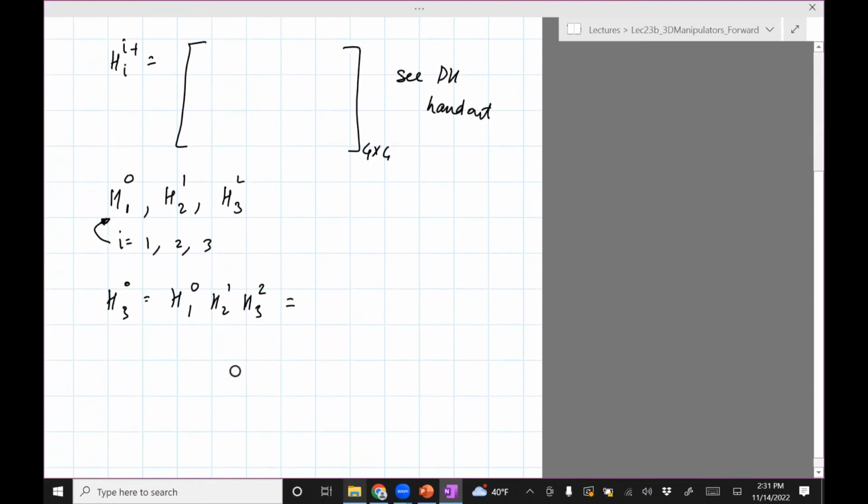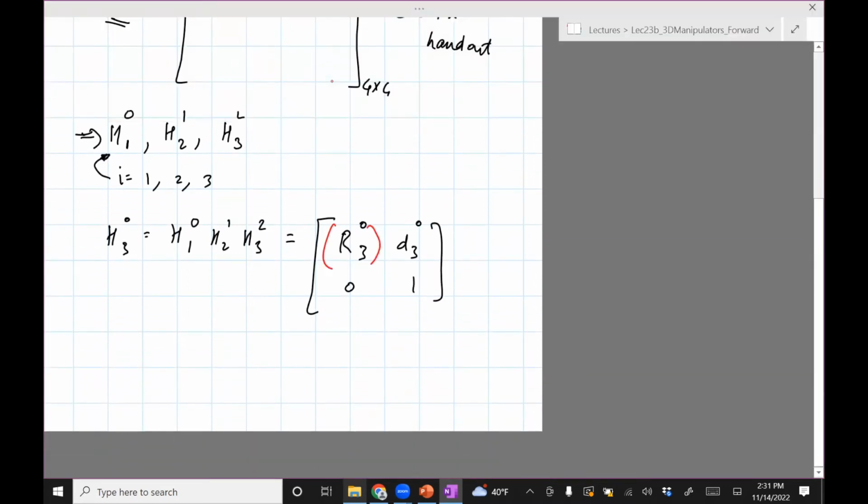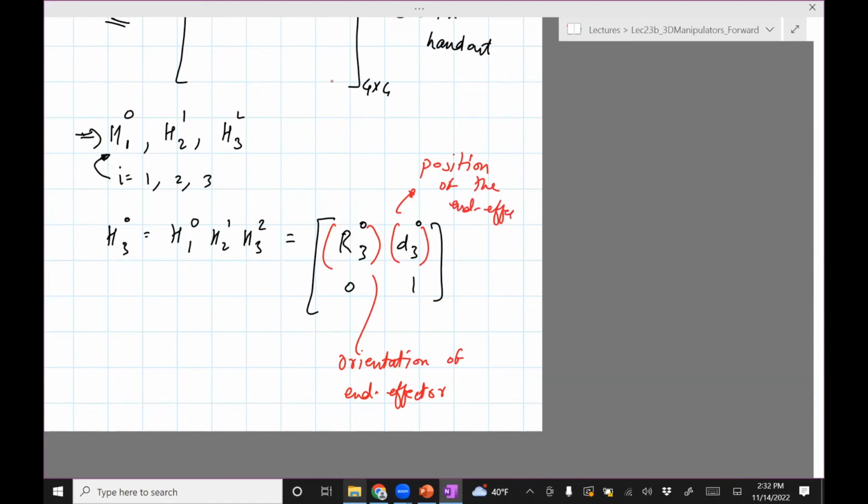And when you do this multiplication based on the H you get by putting in i equals 1 to 3, you will have a matrix which looks like this. R_3^0, d_3^0, 0, 1. This part gives you the orientation of the end-effector. And this part gives you the position of the end-effector.